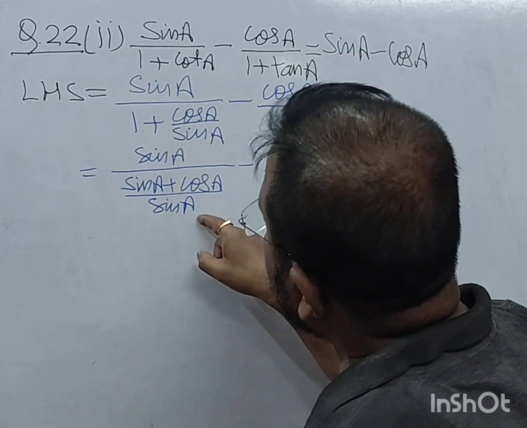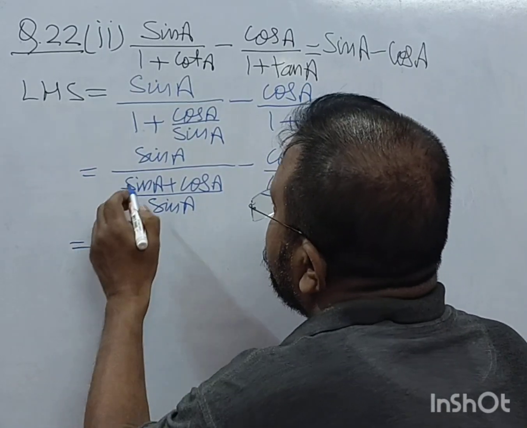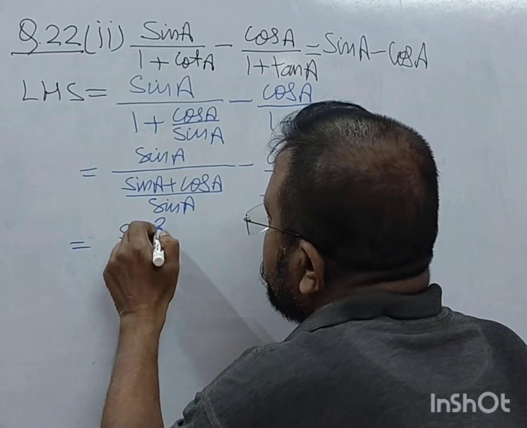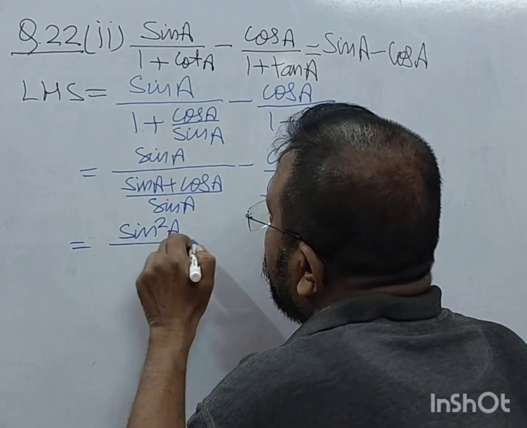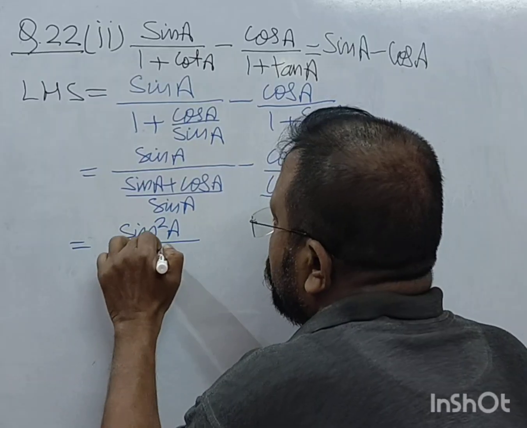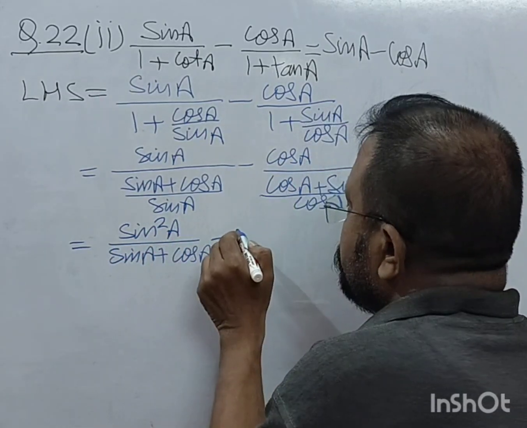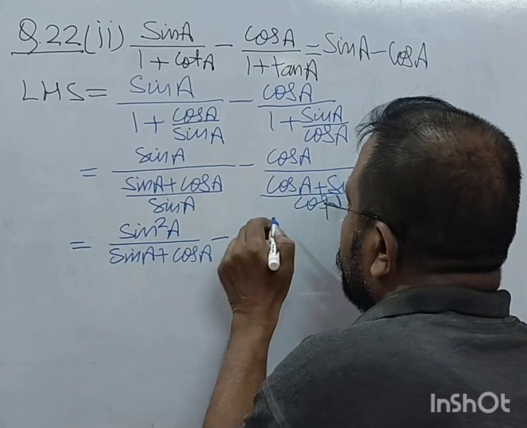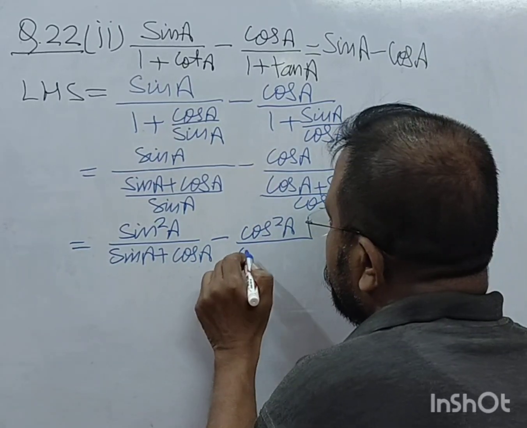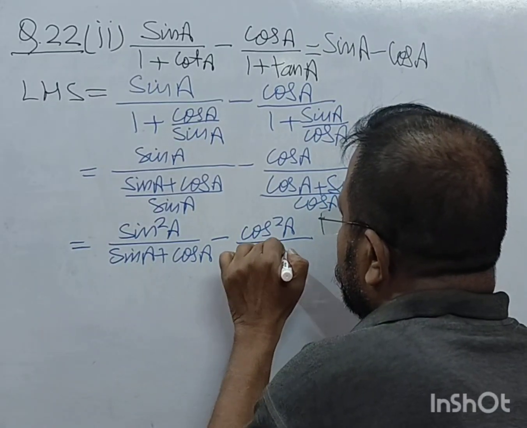This sin goes up, this cos goes up, so you will get sin square A upon sin A plus cos A minus cos square A upon sin A plus cos A.